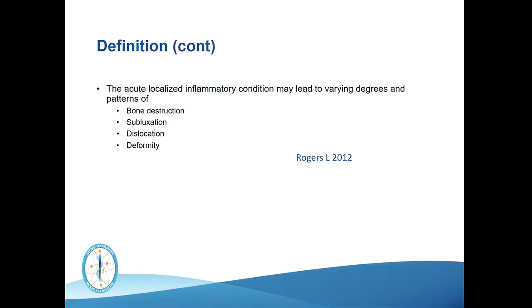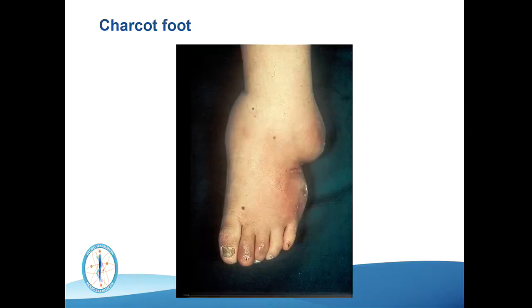And this acute localised inflammatory condition leads to what we recognise as the destruction that happens in the Charcot foot, which is characterised by bone destruction, subluxation, dislocation and deformity in the later stages.